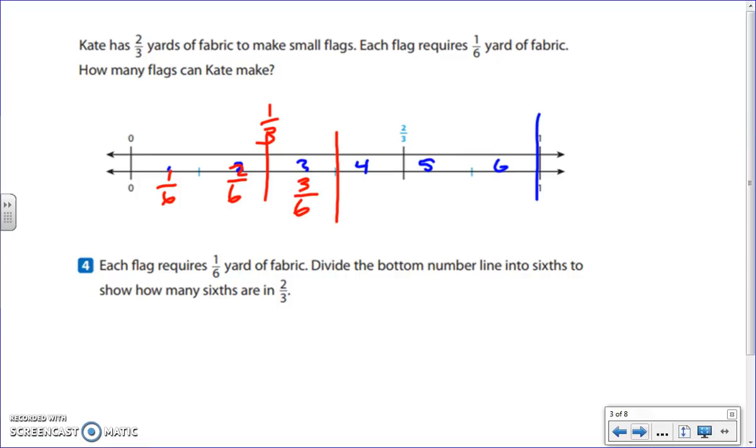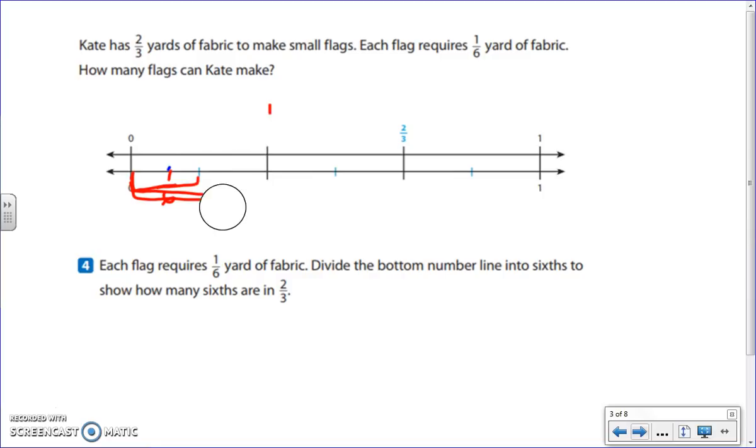Then we have 4/6, which is the same as 2/3. Those are equivalent fractions. 5/6 from there to there, and 6/6, also known as the whole number 1. So 1/6 goes from here to here, 2/6 is this distance, 3/6 is this distance, and so on. We've labeled all the way to the whole number 1.